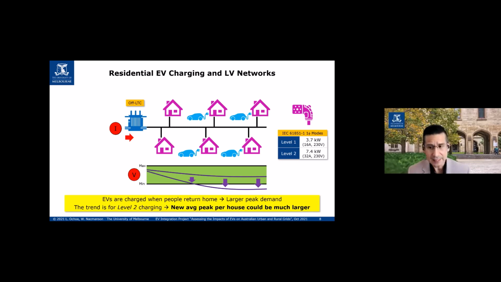And the challenge really is that not everyone will charge simultaneously, all right? We will demonstrate through our simulations what the coincident charging is going to be. But even if it is 30% of those values, it adds, all right, as demand during the peak, and this can have serious consequences on the networks.